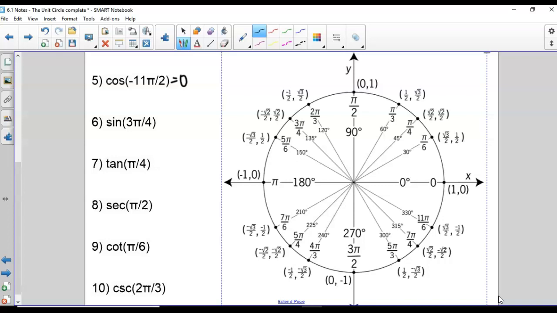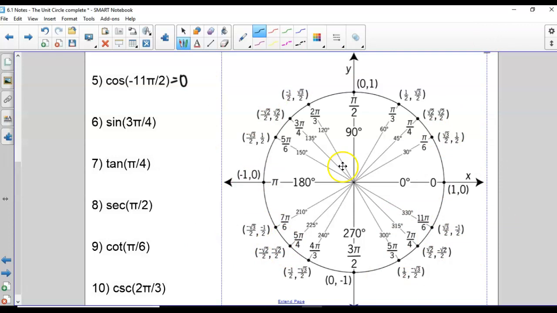First quadrant, top corner over here. Second's over here. Third is down here. Fourth is over here. So 3 pi over 4 is in which quadrant?